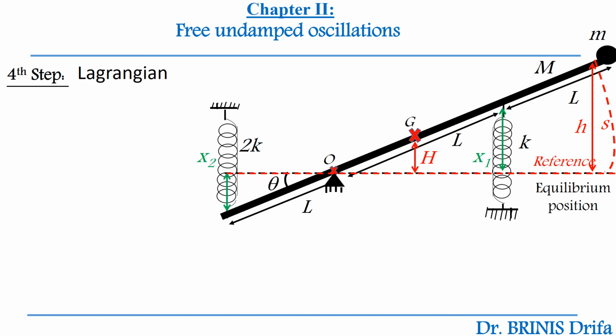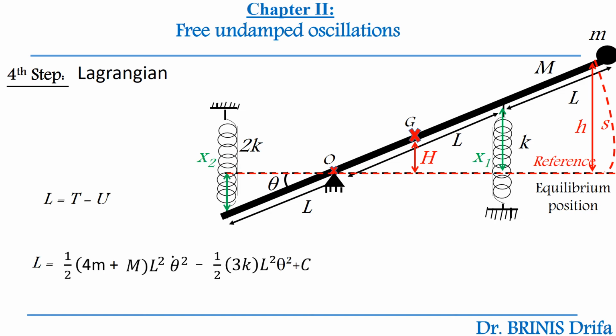The Lagrangian L equals kinetic energy minus potential energy. A lot of students find it strange to speak about T minus U, because they know T plus U, the mechanical energy. But here it has a deep meaning, because T is relevant to velocity and U is relevant to position.